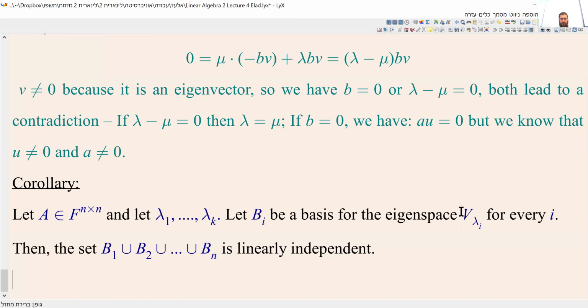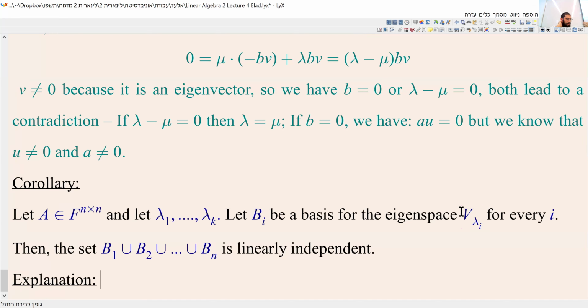Let's write it down as an explanation. We can write it down explicitly as some long linear combination of every vector in B1, every vector in B2, etc., etc. I don't want it. It's just hard work, not necessary.